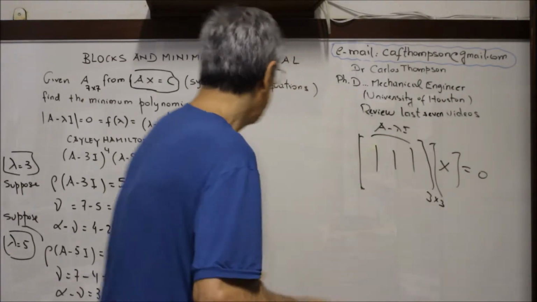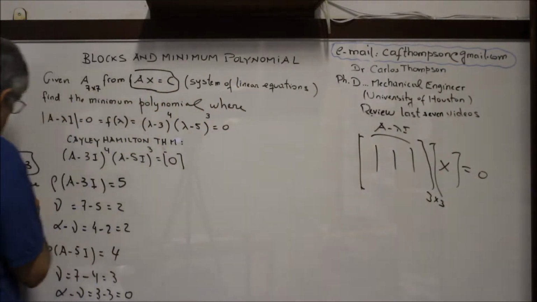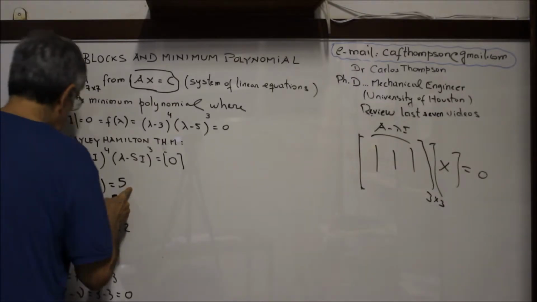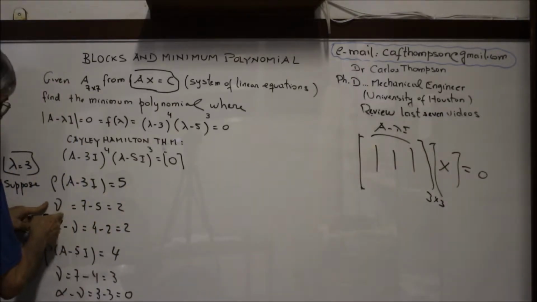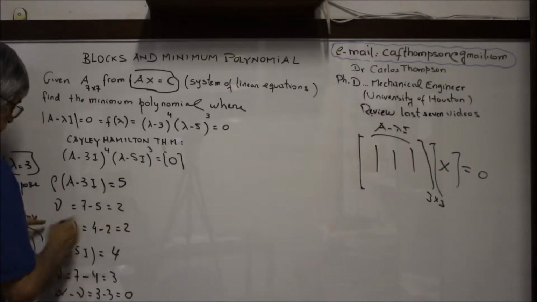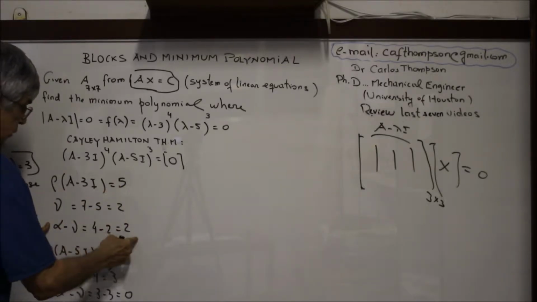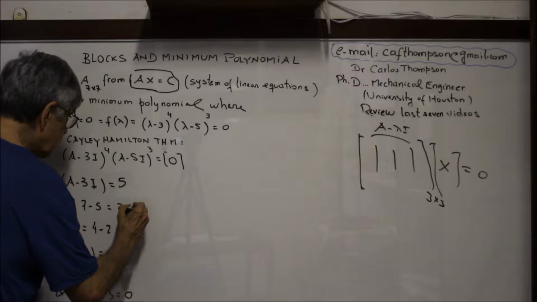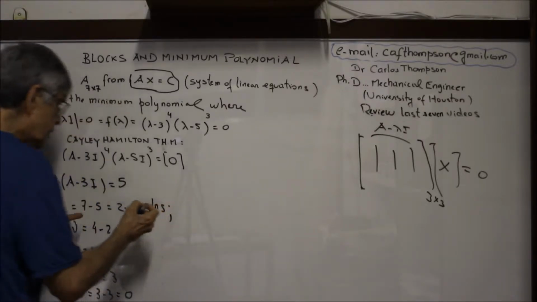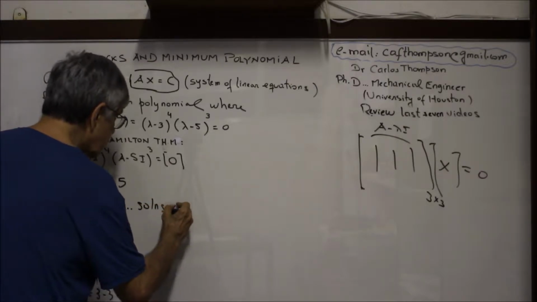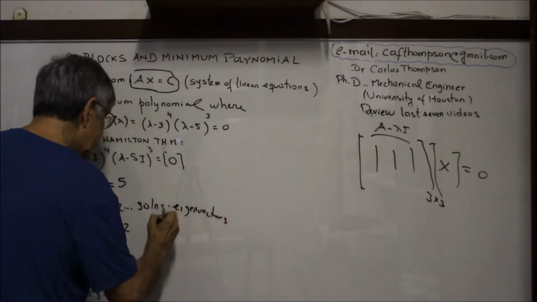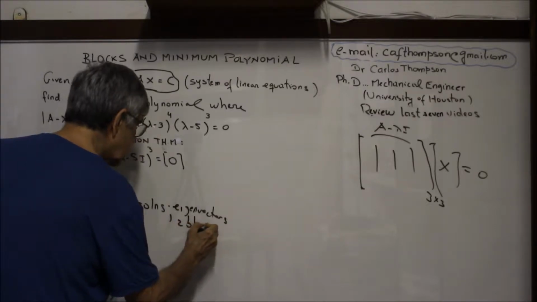That's all. Now, suppose the rank of A minus 3I is 5. Now I calculate n_i, which is n minus 5, which is 2, and alpha minus n_i is 2. So I have two solutions, two eigenvectors, and 2 blocks.